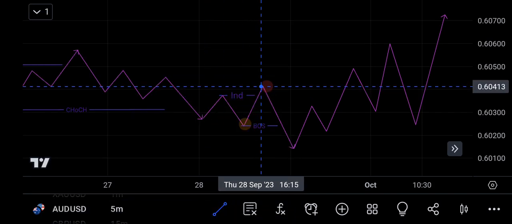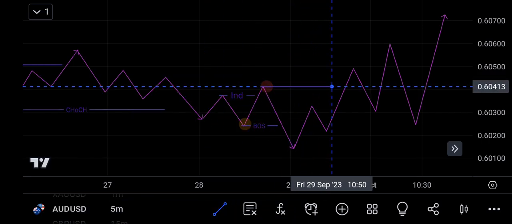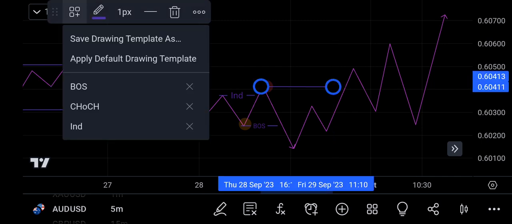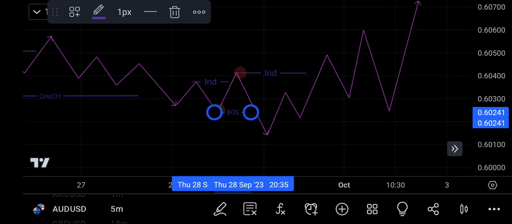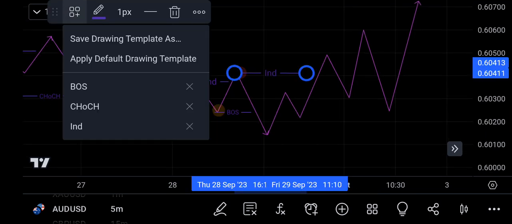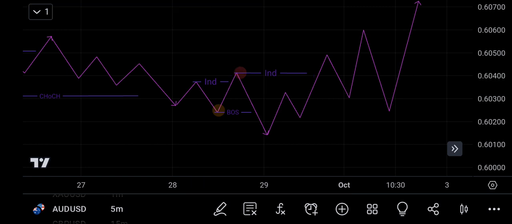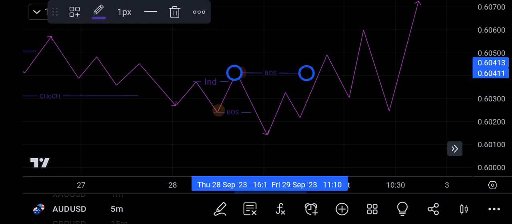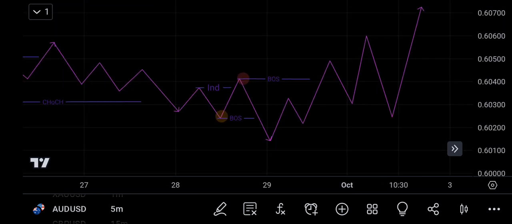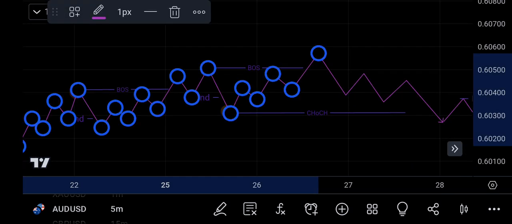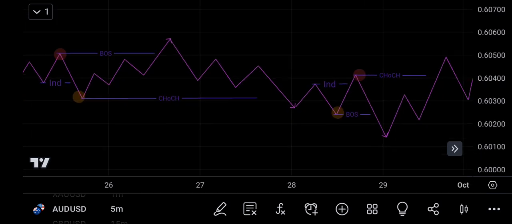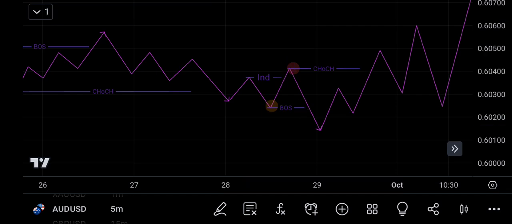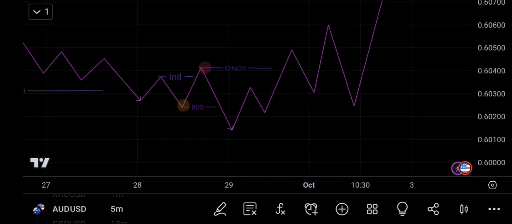Swing high broken, so that's break of structure to the upside. Now we have break of structure to the downside and to the upside. The second one should be called change of character, not break of structure. So this trend reversal is the same change of character.